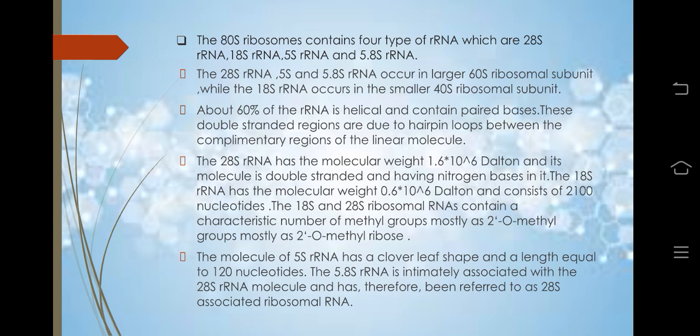The 18S and 28S rRNA contain a characteristic number of methyl groups, mostly as 2'-O-methyl ribose. The molecule of 5S rRNA has a clover leaf shape and a length equal to 120 nucleotides. The 5.8S rRNA is intimately associated with the 28S rRNA molecule and has therefore been referred to as 28S associated ribosomal RNA.